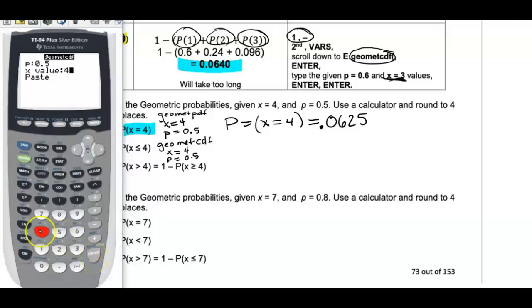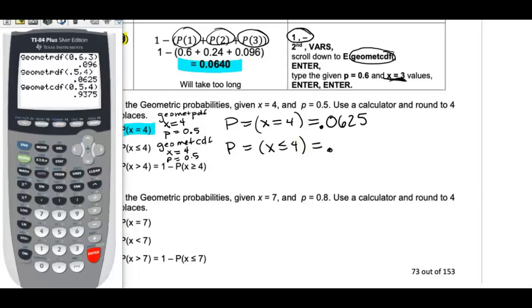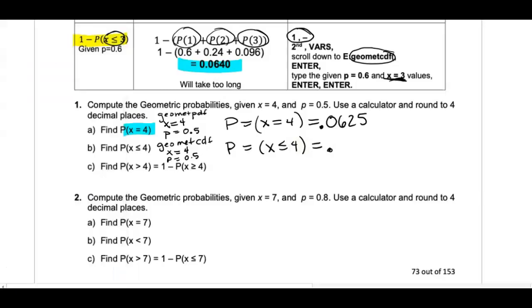Our x value is also 4. It didn't change, but the difference is this time we're using the CDF, not the PDF. And we have P of x less than or equal to 4 is equal to 0.9375.